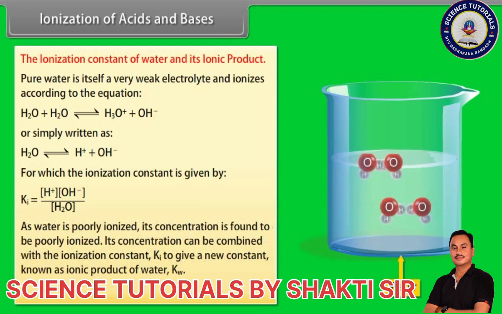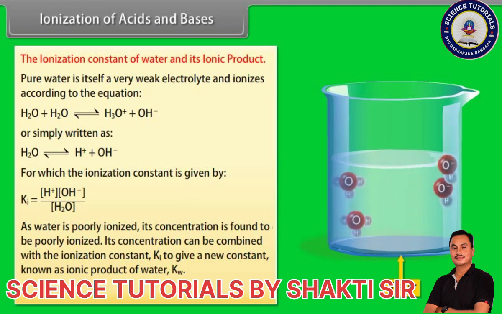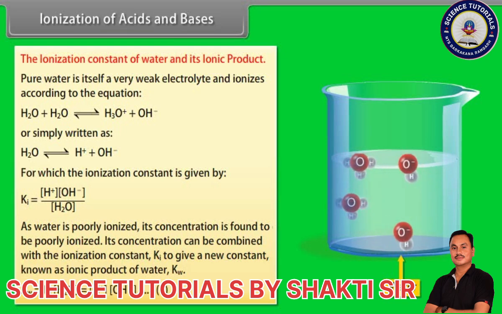As water is poorly ionized, its concentration is found to be nearly constant. Its concentration can be combined with the ionization constant, Ki, to give a new constant, known as ionic product of water, Kw. Name it as equation 1.